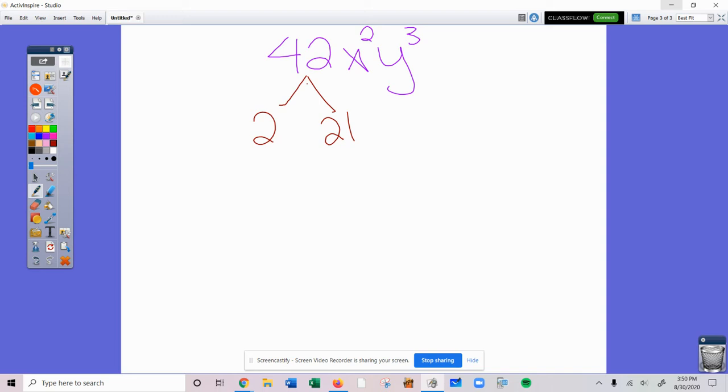Now 2, I can't split up any further, so I'm done with that one. Okay, then 21. Now you might think 21 is odd, so maybe it can't be split, but 21 is 3 times 7. So I can't split up the 3 any further because that's just 1 times 3. And if we think about 7, 7 is just 1 times 7.